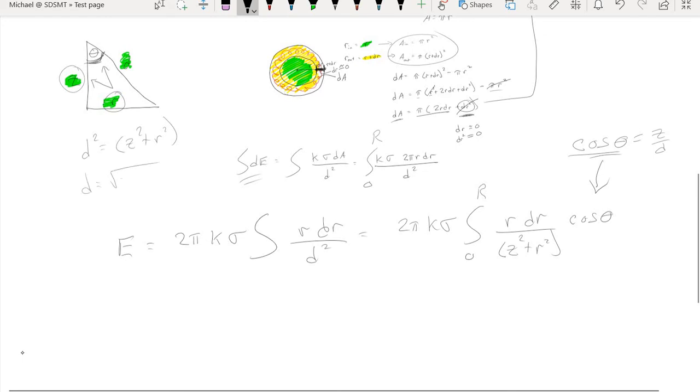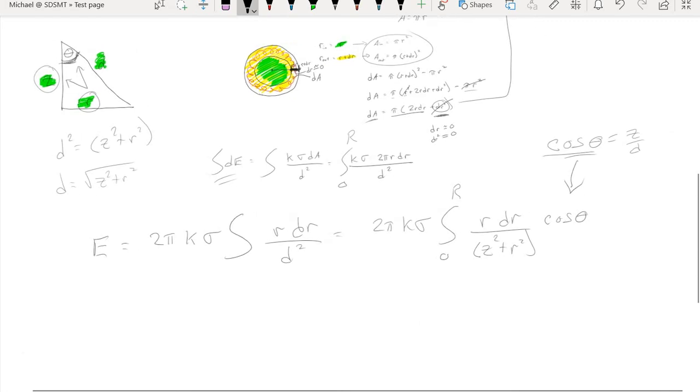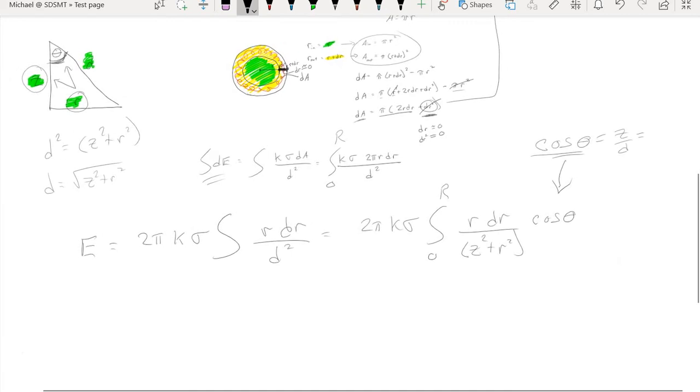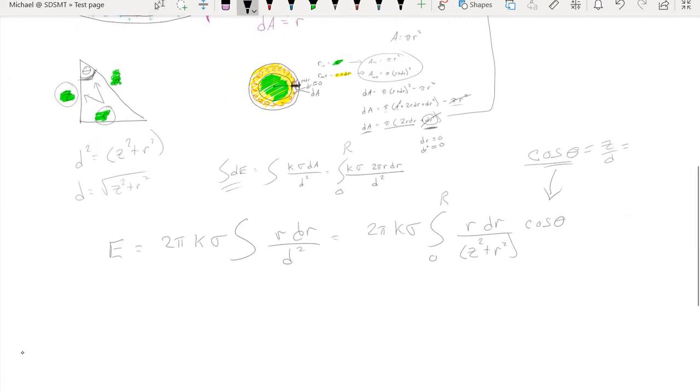It's just going to be root z squared plus r squared. So that means that cosine is going to equal z over root z squared plus r squared. And that will go into our integral expression.